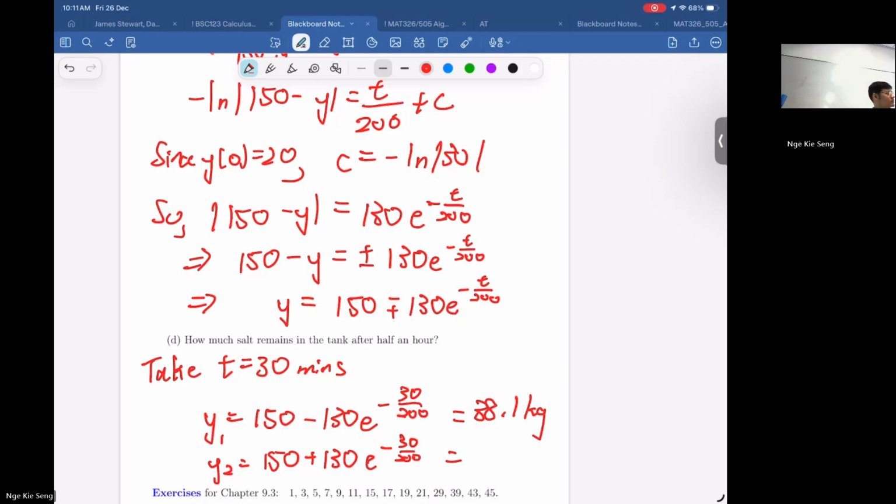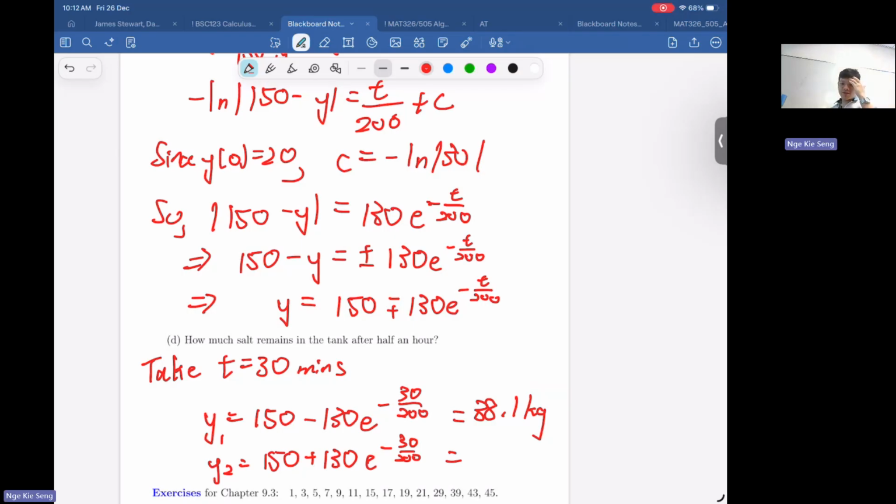Anyone click the calculator? How about the other one? Cannot click calculator. How about the other solution?